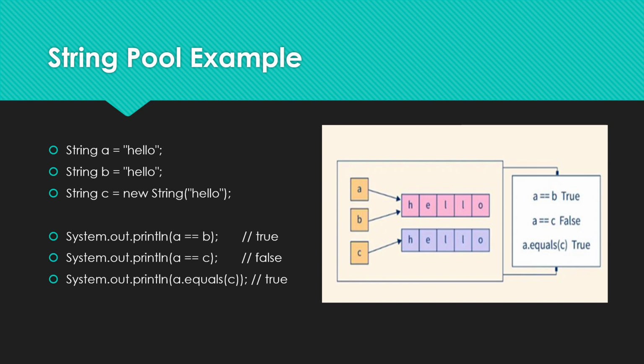Now let's take another example. String a = "hello"; String b = "hello"; String c = new String("hello"); Here a and b both refer to a single object. a == b is true because both point to the same object in the string pool. a == c is false because c is created as a new object in heap memory. a.equals(c) is true because both have the same content inside.